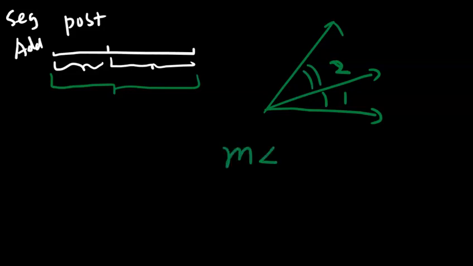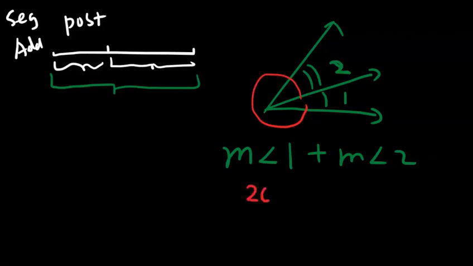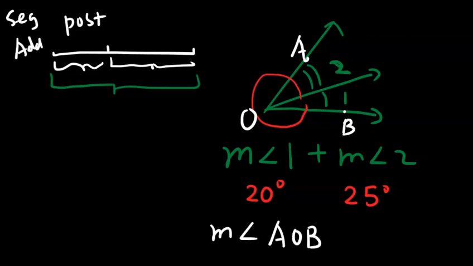So if you add angle 1 and angle 2, you can get the whole angle measure. Suppose angle 1 is 20 degrees, angle 2 is 25 degrees. I'm going to call this angle AOB. What is angle AOB? We're going to add these 2. 20 plus 25, that's 45 degrees. You just used a new rule called the angle addition postulate.